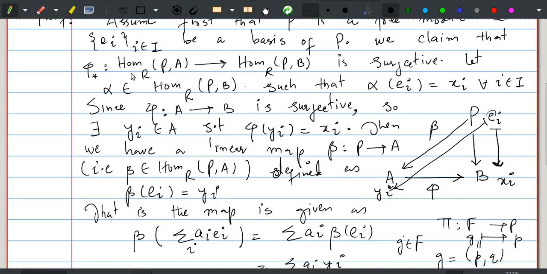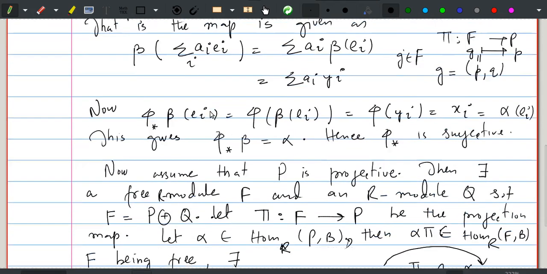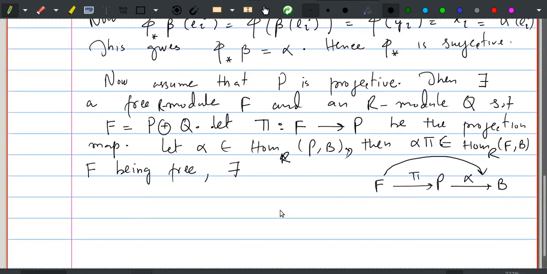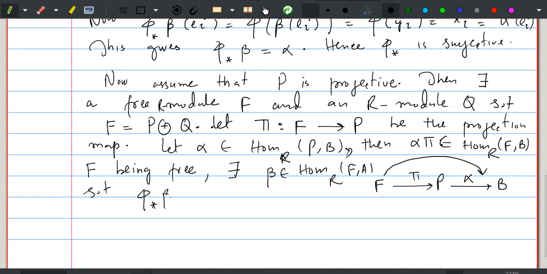So there exists an element here, beta in Hom(F, A), such that phi star of beta is alpha pi.